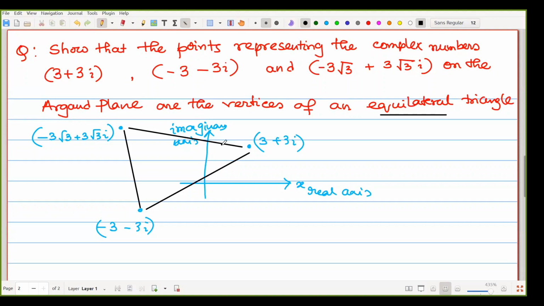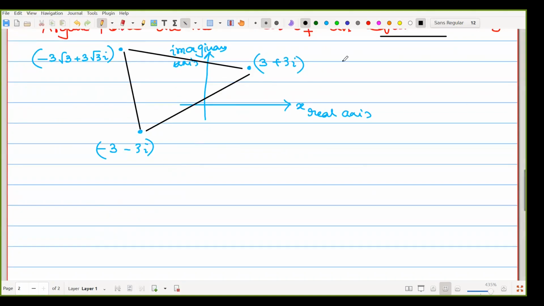Now, before we start the problem, once again we can discuss another theorem.